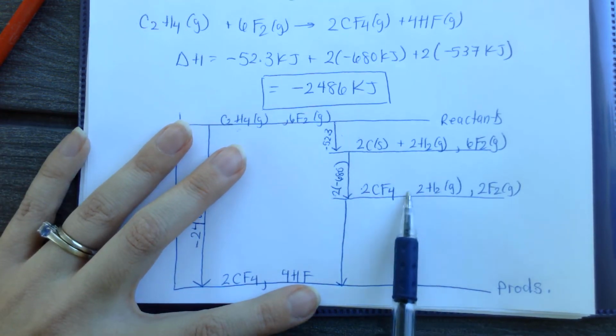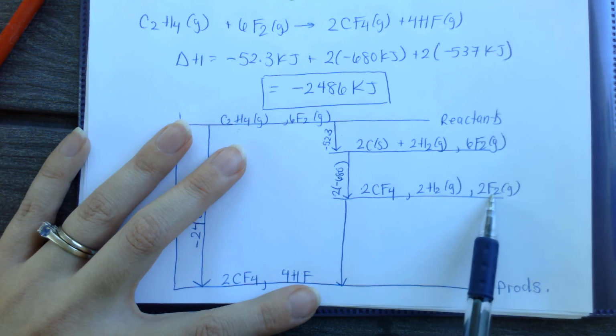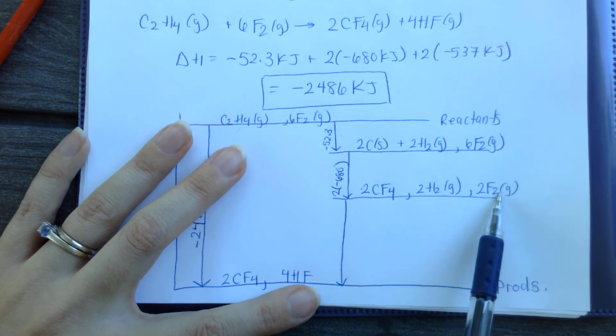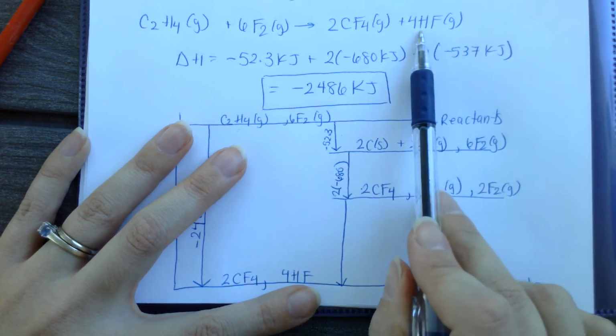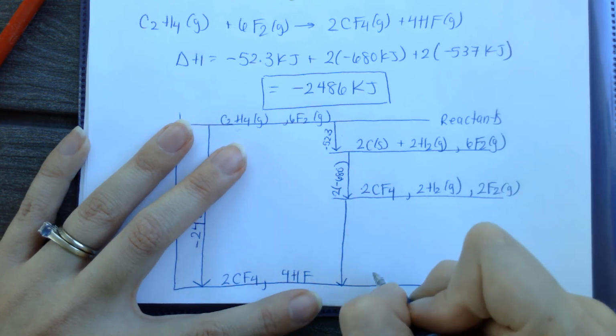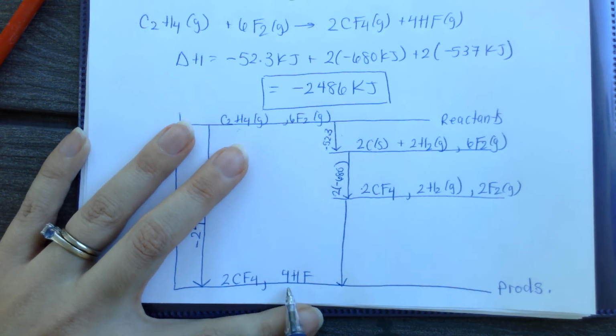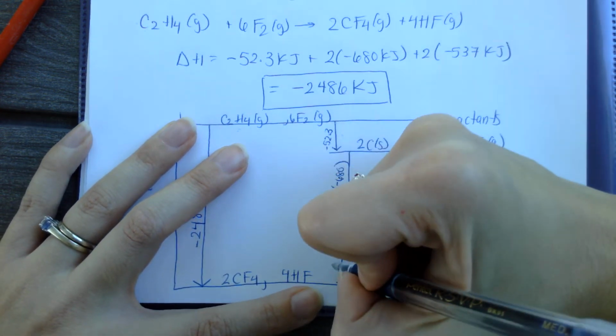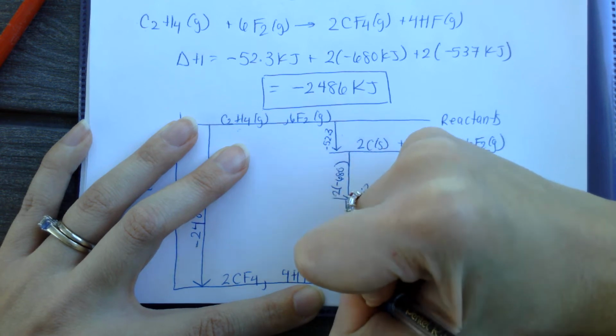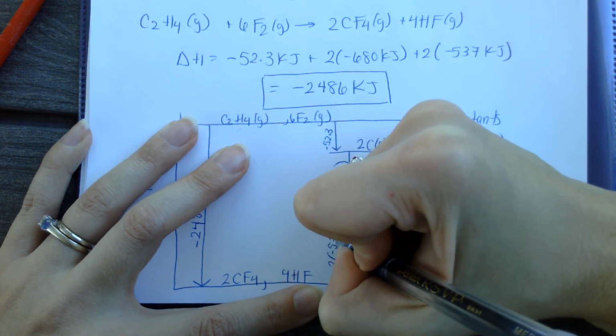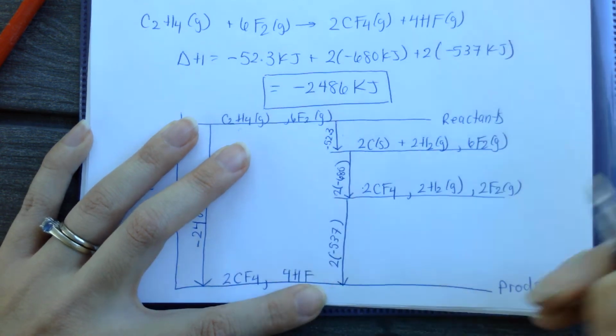Now the hydrogen, the 2H2 and the 2F2, those now are combining to form our final product, our HF. So from here down, we have our final products where now we have only the CF4 and the 4HF. And this was the 2 times negative 537 kilojoules here.